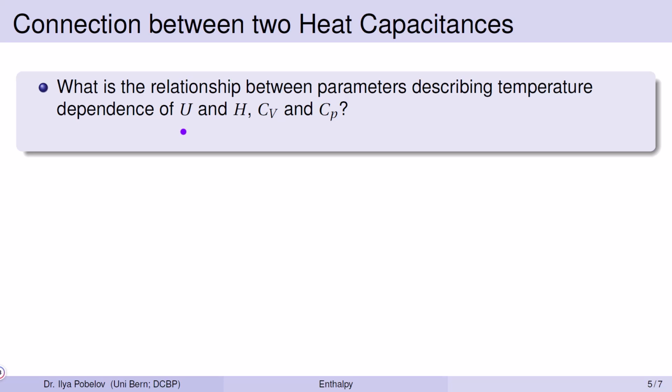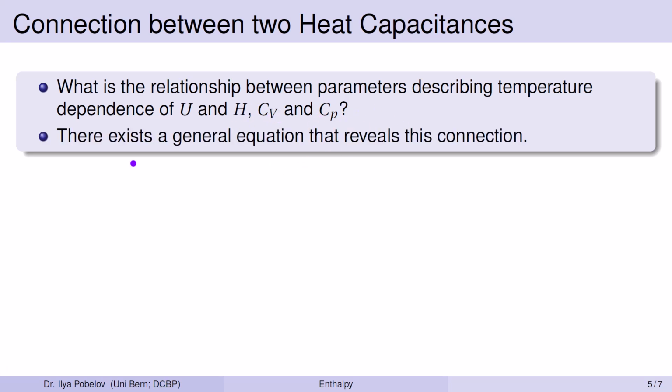Elaborating on the connection between enthalpy and internal energy, let us now look at the relationship between two parameters describing temperature dependence of internal energy and enthalpy, CV and CP. There is, in fact, a general equation that reveals this connection, but we will not study it.